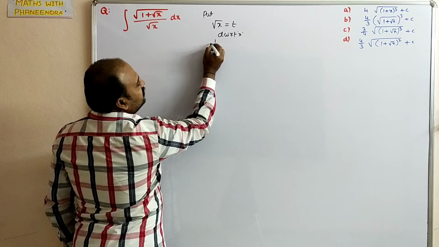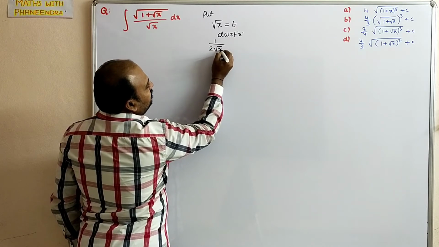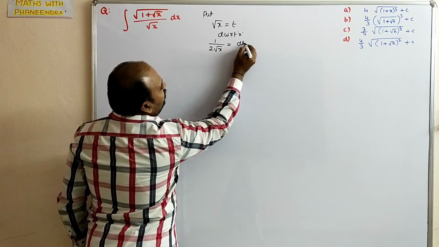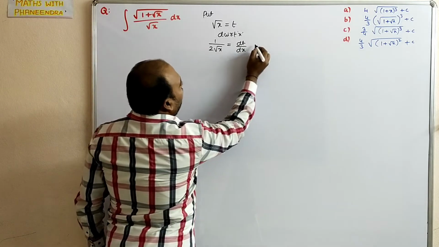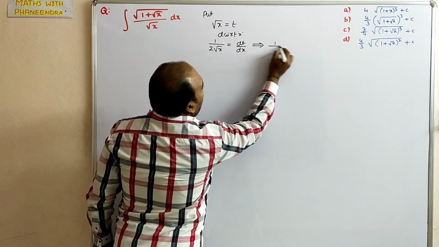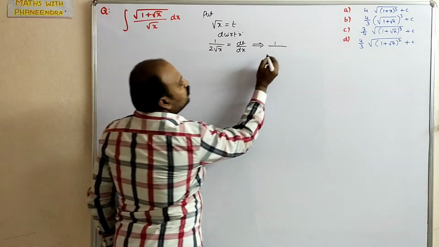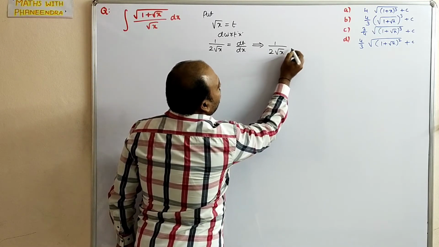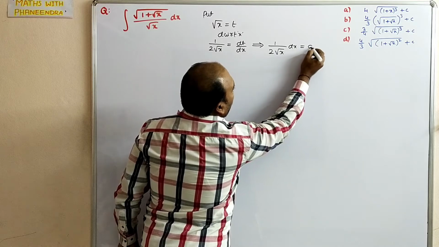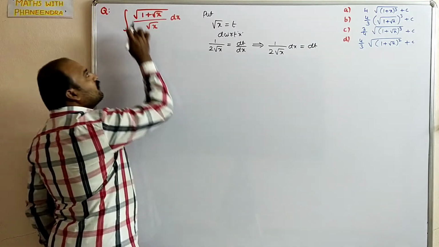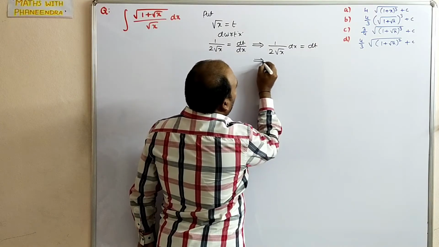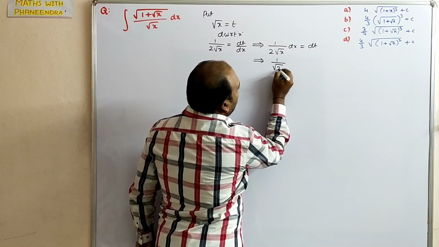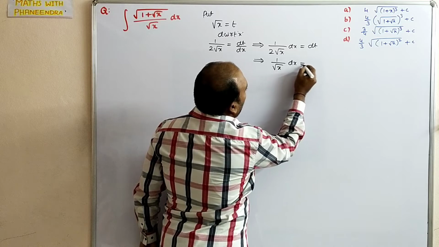Root x derivative is 1 by 2 root x equal to dt by dx. So cross multiply, 1 by 2 root x into dx is equal to dt. But I want only 1 by root x into dx, so 2 we can take here. 1 by root x into dx is equal to 2 dt.